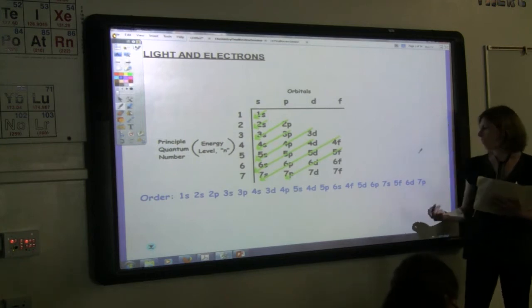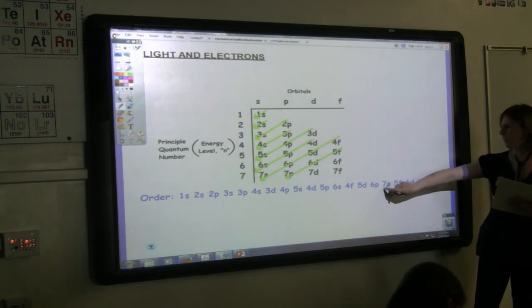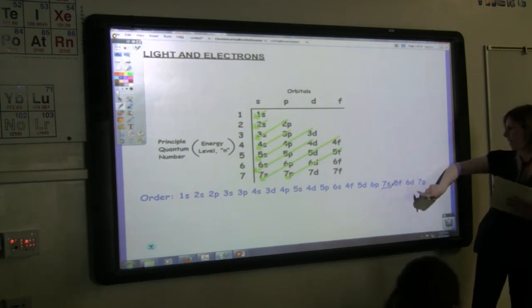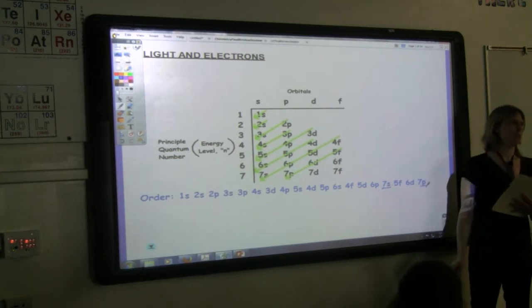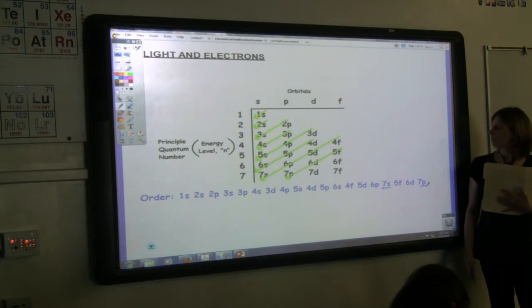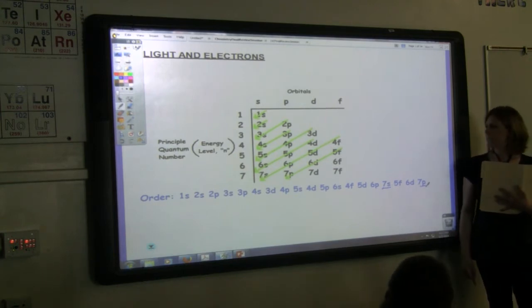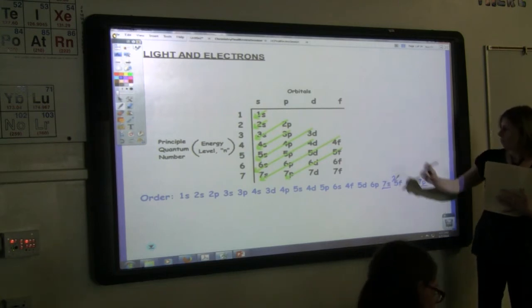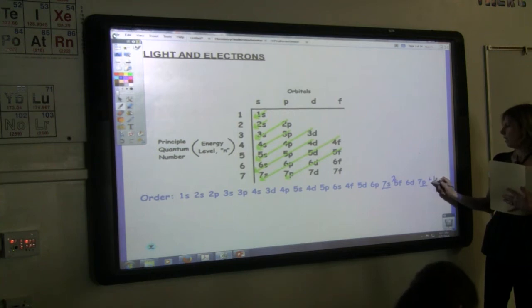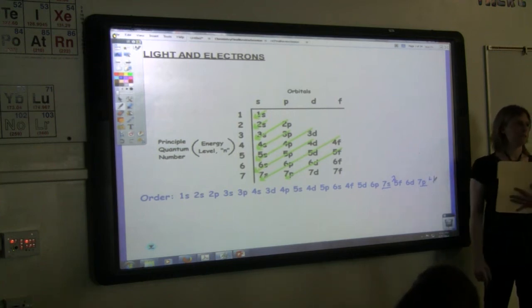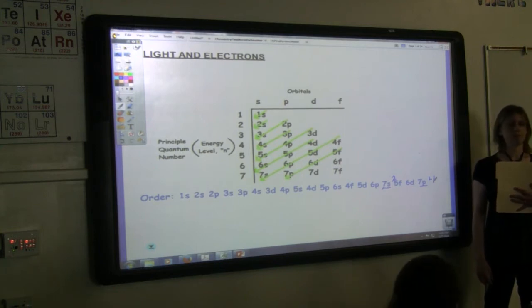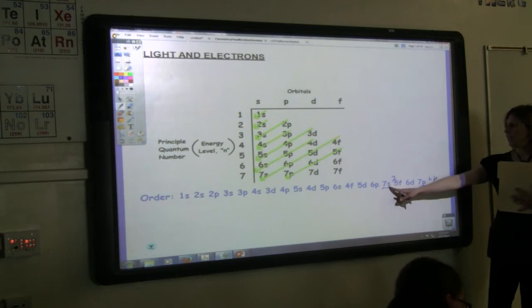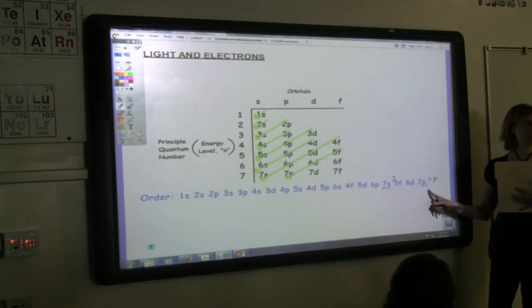So when we look at valence electrons, you're going to be looking at the last s and p orbitals. So if this was 7s2 and 7p4, how many valence electrons would it have? 6. So you're only looking at the highest s and p orbitals.